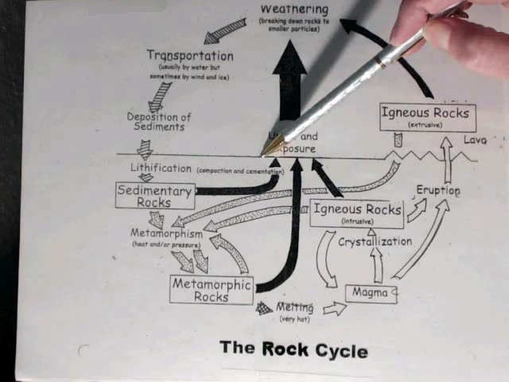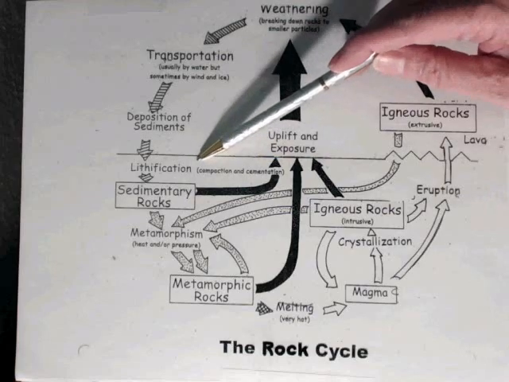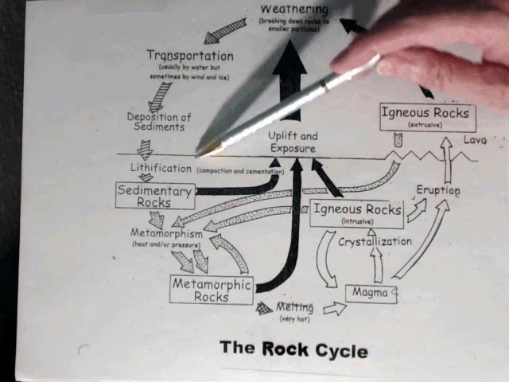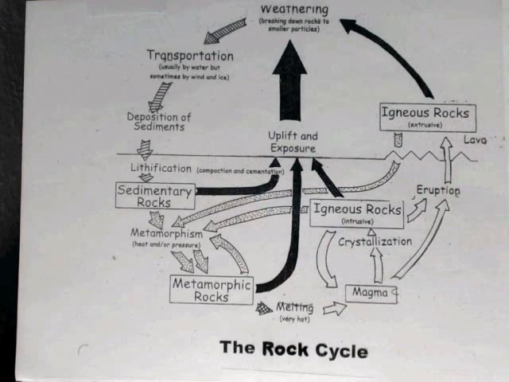Maybe we get a little iron oxide in there as well. Something that will cement those particles together. That is known as lithification, turning it to stone, lithification. And that is our category of creating a sedimentary rock. So that would be the sedimentary rock type of rocks.